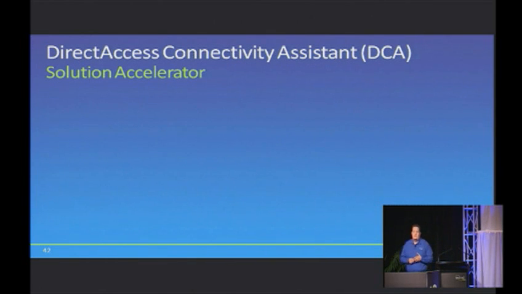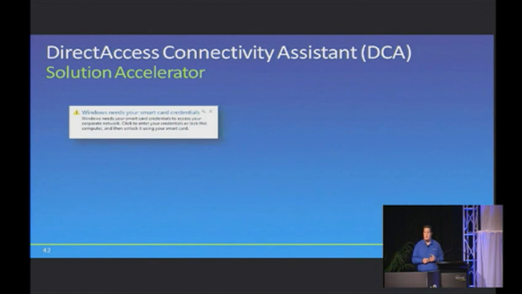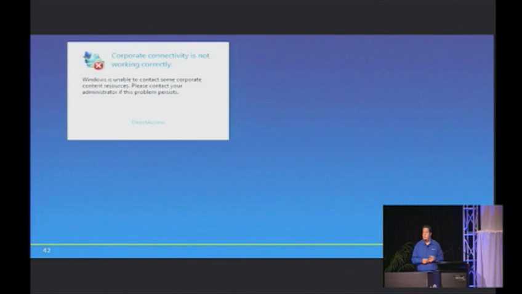When I said that there's no way to figure out if the DA is working or if it's not working, by default there's no indicator for that. But if you download the Solution Accelerator, the DCA, it gives you more than just this prompt that I had. If you're not using smart card, this prompt is not used at all. So with the DCA, you will have a small icon in the notification area.